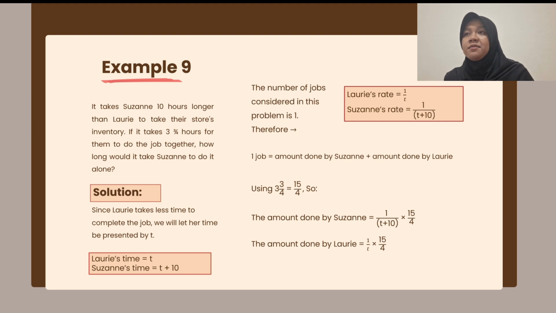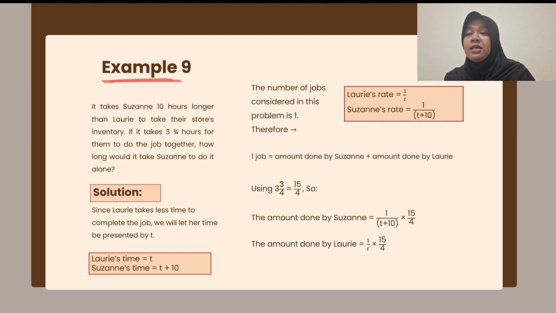The number of jobs considered in this problem is 1. Okay, so Laurie's rate is 1/t and Susan's rate is 1/(t plus 10). Okay, one job is the amount done by Susan plus the amount done by Laurie.